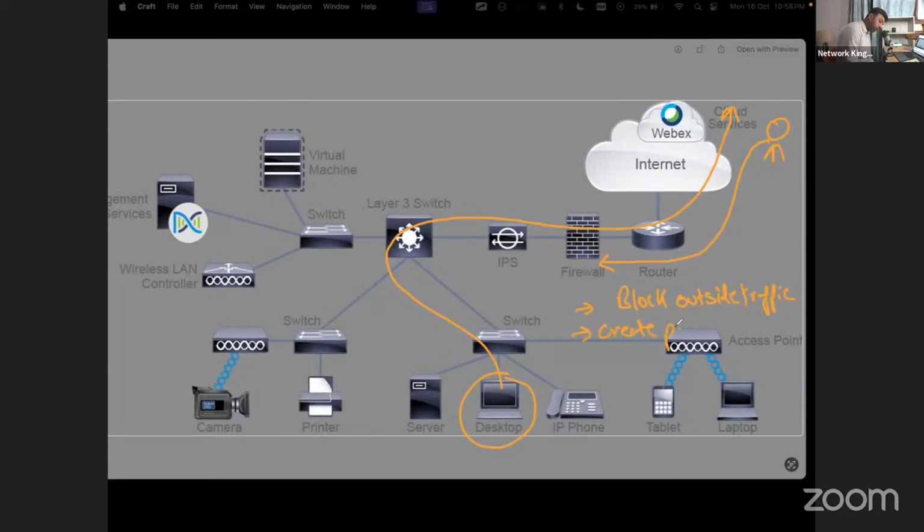Policy means whatever policies you want to create according to the company. So what kind of policy? Permit policy, which users we should permit, and deny, which users we want to deny. So a firewall is a network device which will block outside traffic and also create policies according to the company.